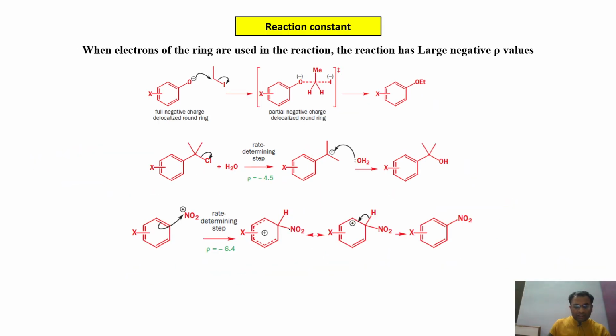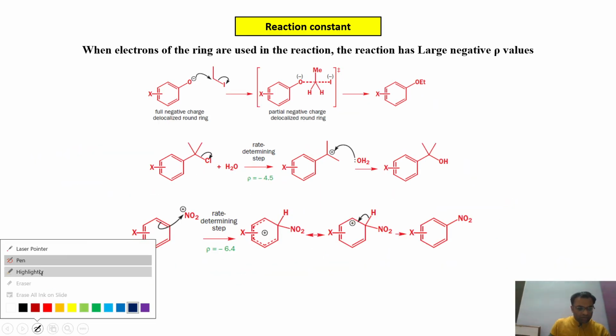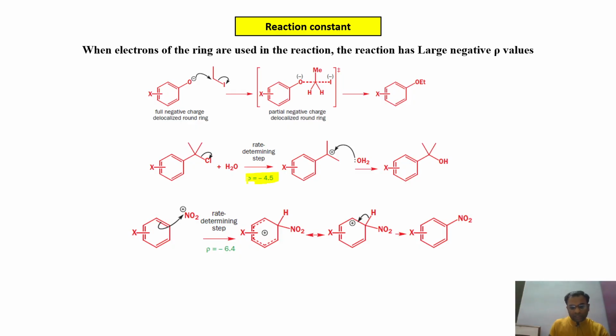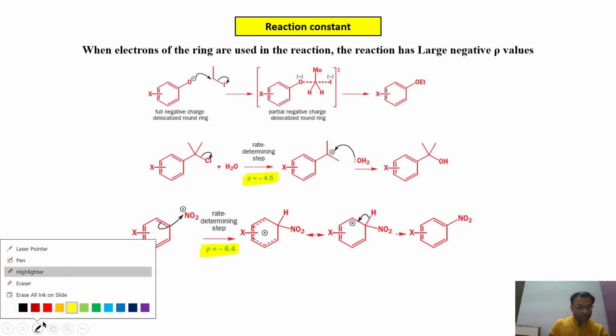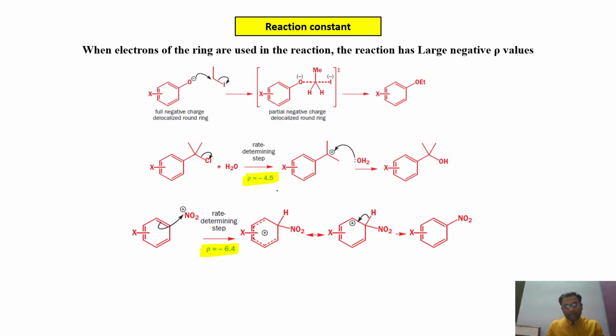Now let's consider a rho value with a negative sign. Here this reaction has a very small rho value. This is because before reaction with ethyl iodide, this negative charge is completely delocalized with the phenyl ring.